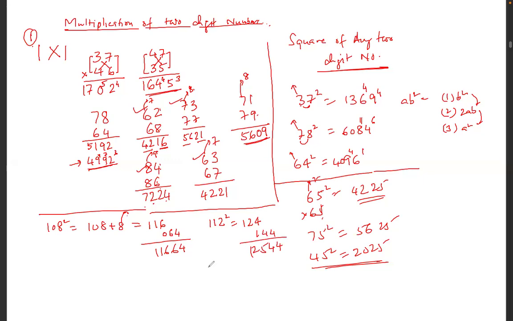This is how you get it. Okay. 107 square. 107 plus 7, 114. 7 square is 49. So 11449. This is how you can get it. Okay. So these are easy methods.